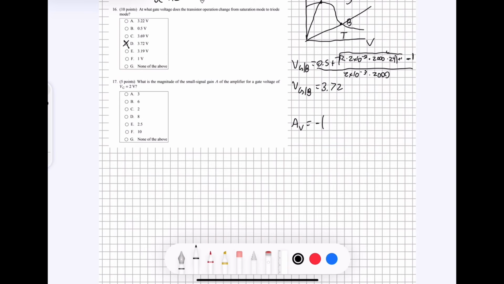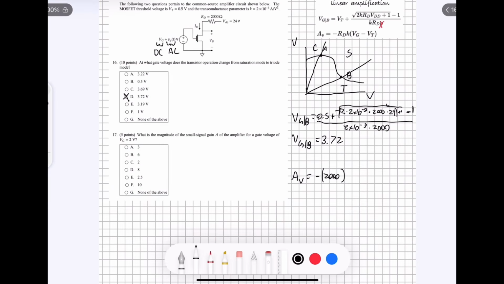RD is going to be 2,000. K is going to be 2 times 10 to the negative 3. VG we are given as 2, and VT is 0.5. Based on that information, we can solve AV, and it will be equal to 6. So the correct answer here is going to be 6.